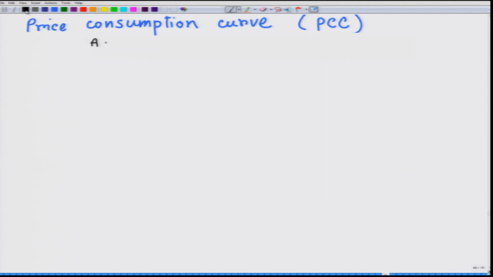So, we can assume price of commodity 1 has gone down, while the price of the other commodity stays constant and money income does not change either.